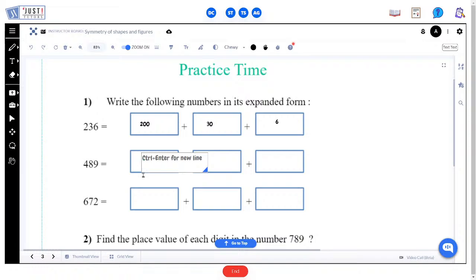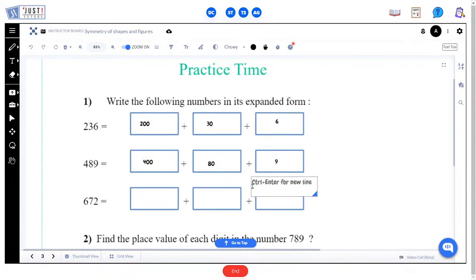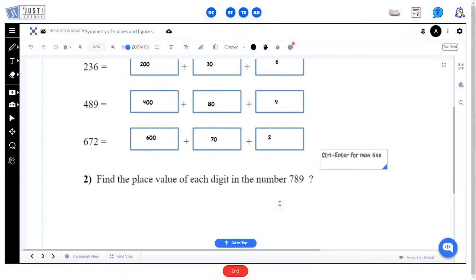Now the next number that we would be having is 489. So we can write 400 add 80 add 9. 489. Now the next number is 600 add 70 add 2. This makes it 672.